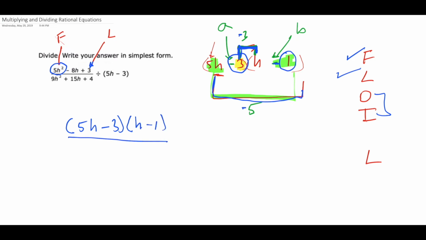All right, we have to do the same thing with the bottom. So what do we get in the bottom? We have to do a FOIL. By the way, a piece of advice: in my experience, it's usually not the 9 times 9 option, it's the 3 times 3.